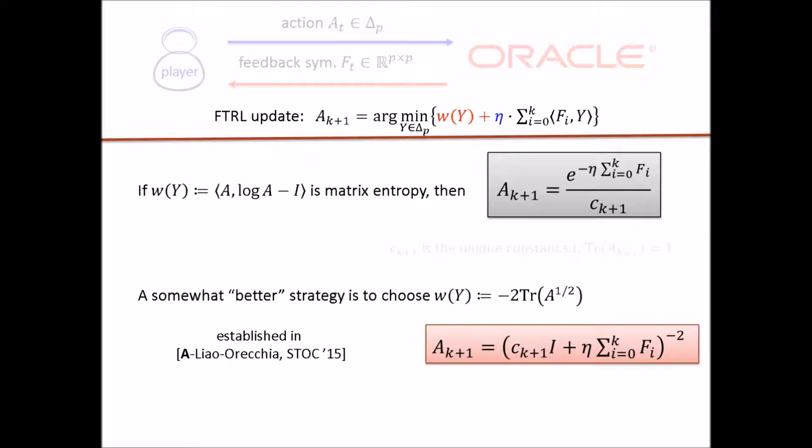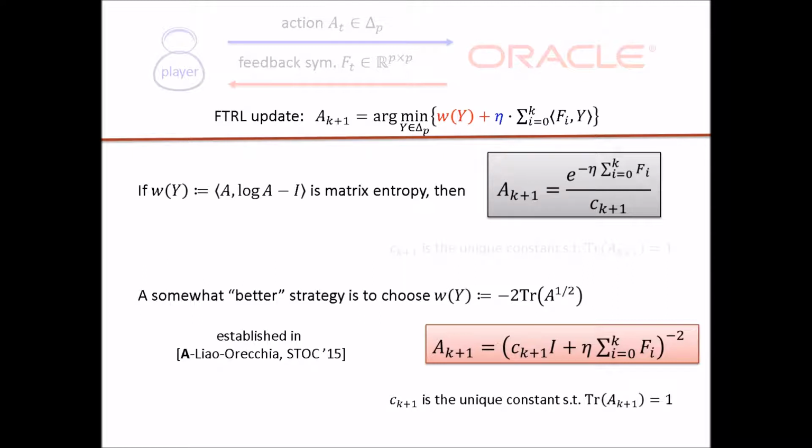You sum up the loss matrices that you have seen in the past times some learning rate, and then you shift it by a constant times identity. Again, this constant is the unique constant to make sure that the summation is a PSD matrix, and then you compute that raised to the -2nd power. It becomes a matrix with trace equal to 1. So this is the explicit form of the strategy if you choose the regularizer to be the negative trace of the square root of the matrix.